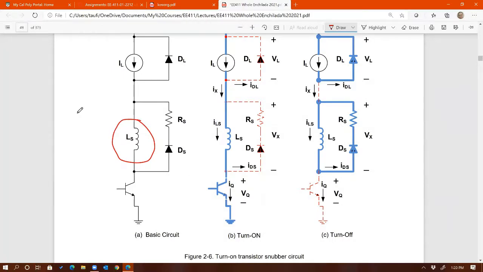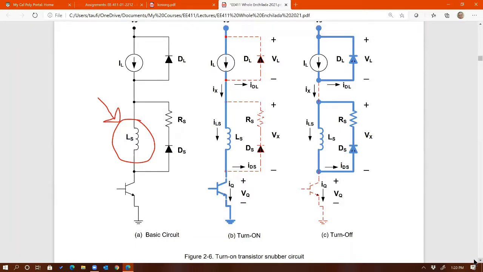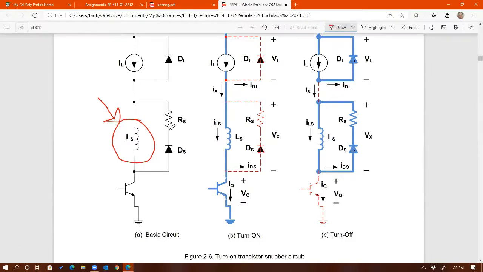And usually this is something that you want to avoid using. So I rarely see this type of circuit being used. However, the previous circuit, the RCD snubber, is widely used in many circuits, right? Not for turn-off specifically, but for leakage spike. I'll tell you about it in a second here. But yeah, I'm not going to go over the turn-on snubber.